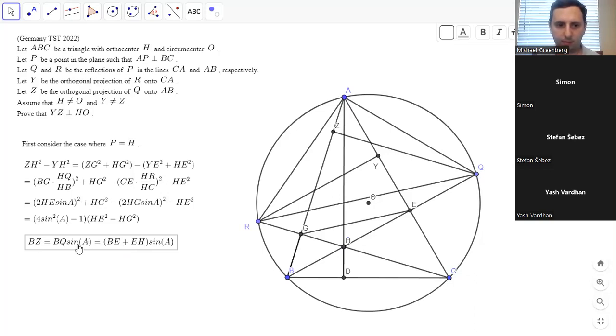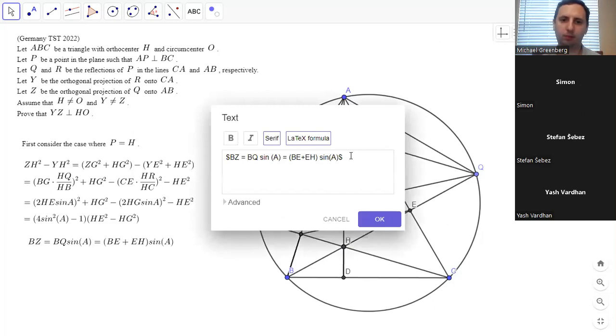I think I'm doing something wrong here. So this step looks right. Then this seems right. So where did I go wrong? Oh, BE sine A is BE squared over AB. So this is right.